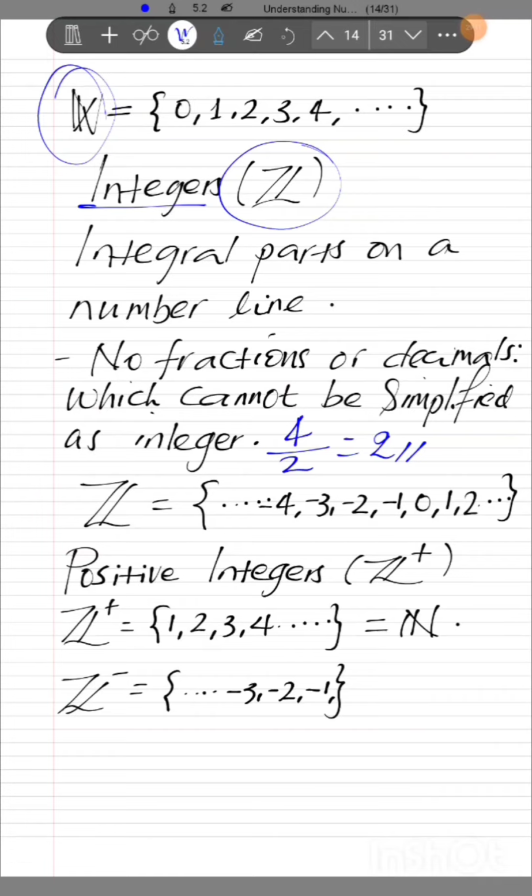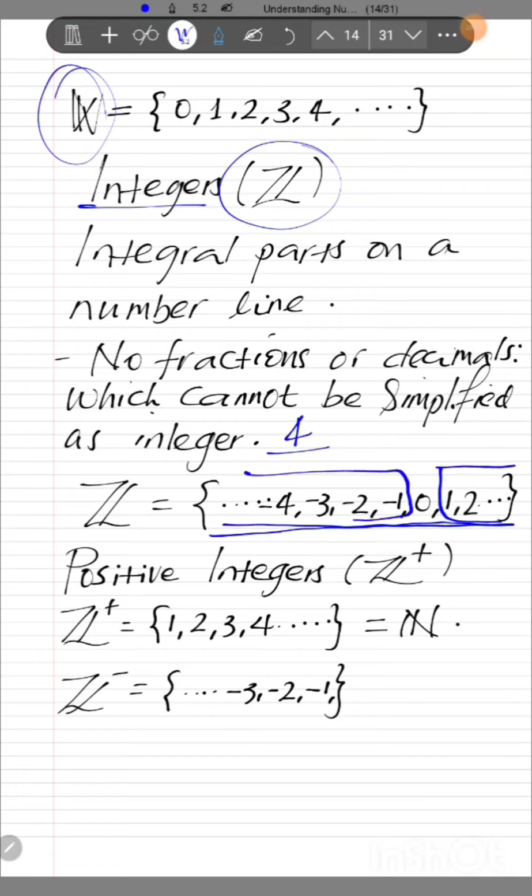Okay. So the set of integers, which is Z, letter Z, these are the set of integers. So integers do have positive integers, this part here, negative integers, this part here, and zero, this part here. We can call it a positive integer, a negative integer, and a zero. These are all sets of integers. But what about non-negative integers? These are non-negative integers this way.